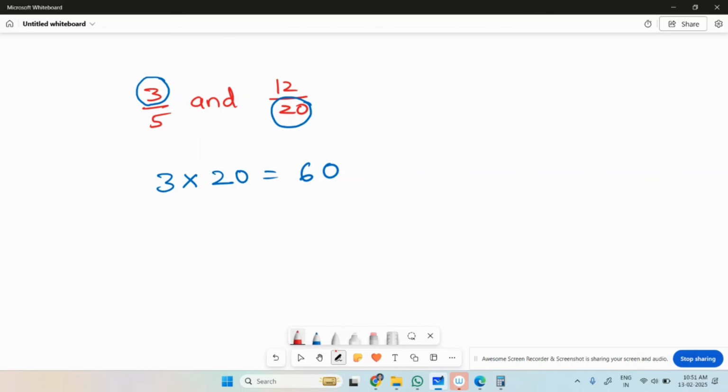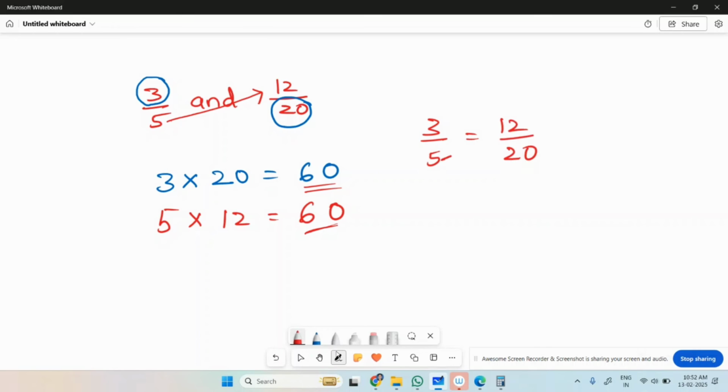Now multiply the denominator of 3 upon 5 by the numerator of 12 upon 20, which is 5 times 12, and we get 60. We get that both products are the same. That means these two fractions are equivalent fractions. What did we do?